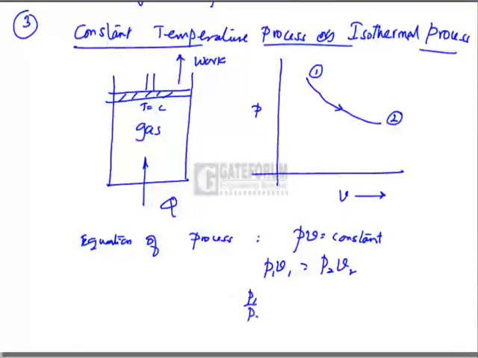P1 by P2 is equal to V2 by V1. It is a very special process among all the processes because it should proceed with infinite slowness to keep the temperature of the gas constant while supplying heat to the gas.